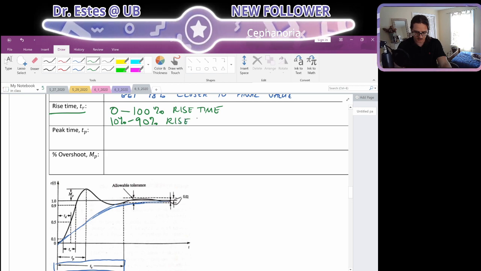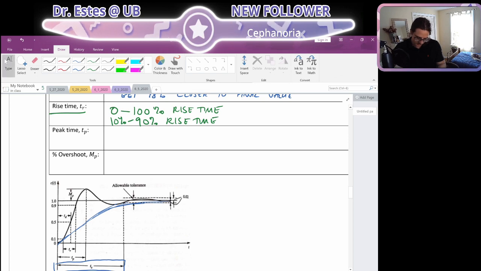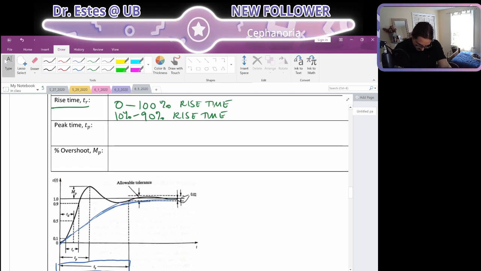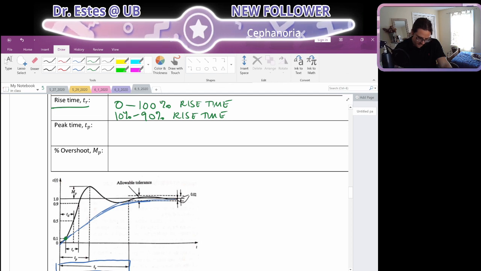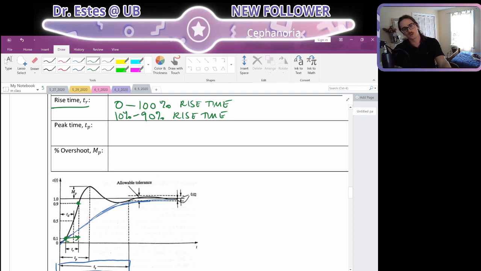They also do the 10% to 90% rise time. So if you look down here, we have the function getting to 10% of its final value and then getting to 90% of its final value. And if you look at how much time elapsed in between there, that's the rise time.